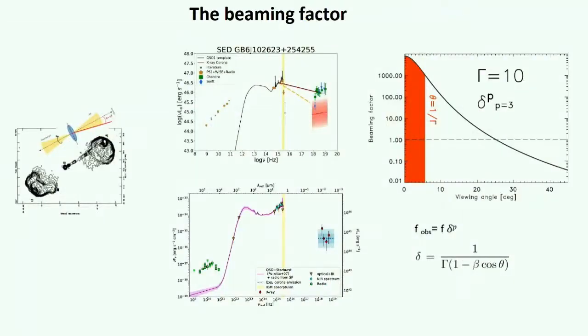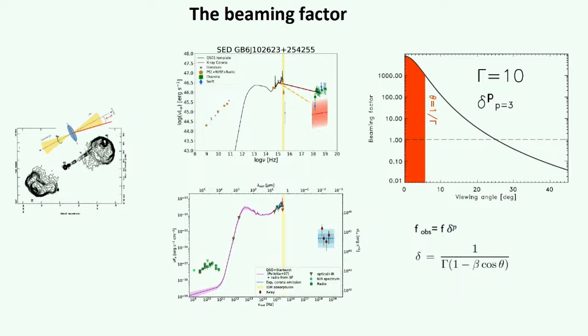The first object here, we will call a blazar, or more specifically a flat spectrum radio quasar, because both in radio and X-ray the spectrum is hard. The second object here, we will call slightly misaligned, with the spectrum relatively softer, both in radio and X-ray.